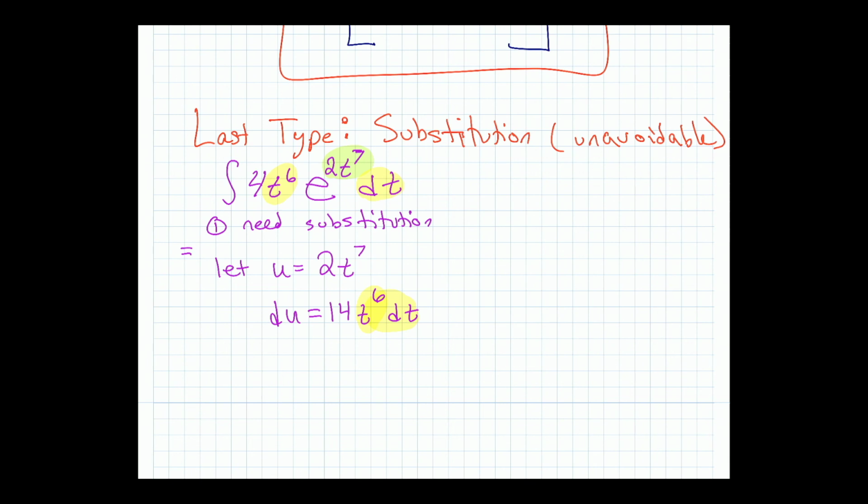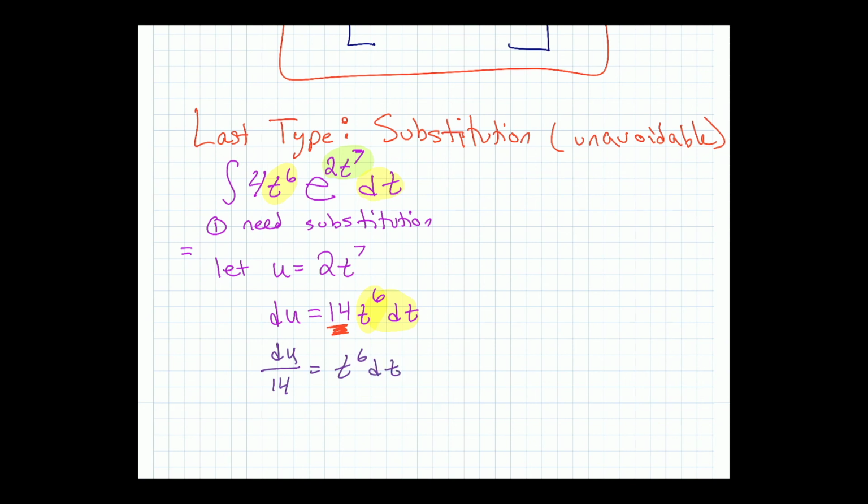But you also have a 14, right? You've got this 14 here that you don't need. So you move the 14 to the other side, and you have du over 14 equals t to the 6 dt.